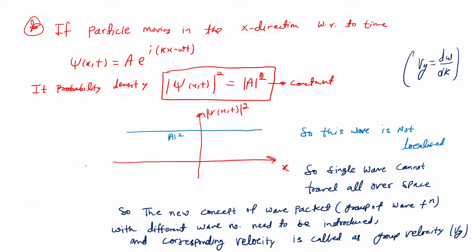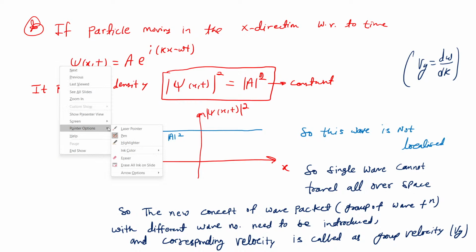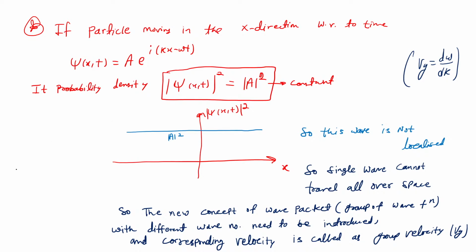So the wave will propagate now with the wave packet, and how the wave packet moves, you know very well. Its amplitude will change for a certain region, it will again reduce for a certain region, and it will again enhance, and this wave packet will move like this.